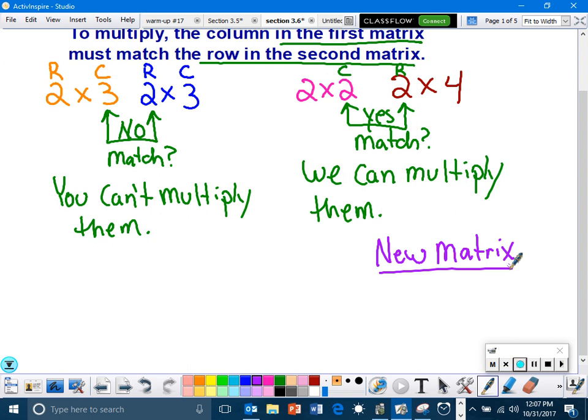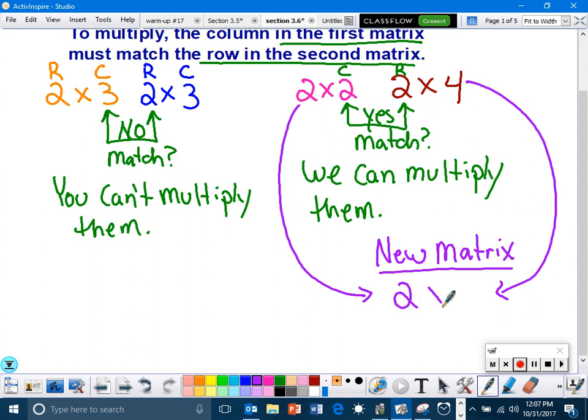So this is how the new matrix works. The new matrix will be 2 by 4. Again, the new matrix will be a 2 by 4 matrix because we take the row and then the column that are not being matched, and that becomes the new matrix.